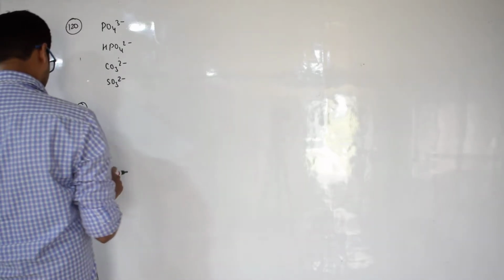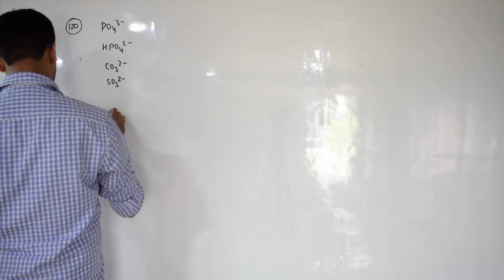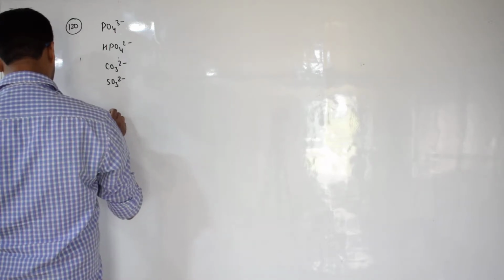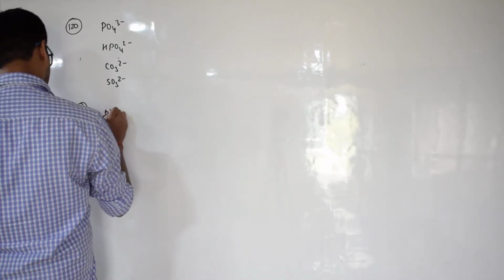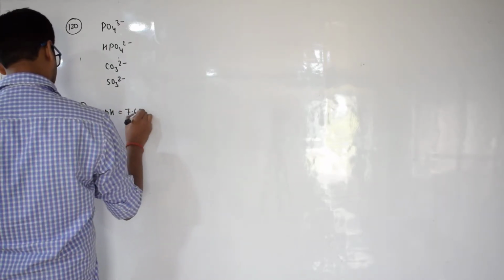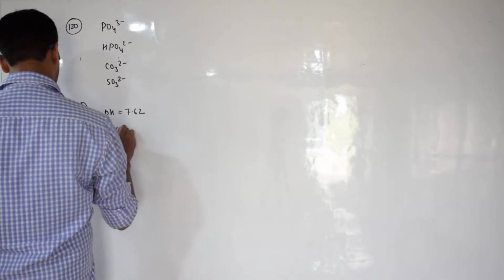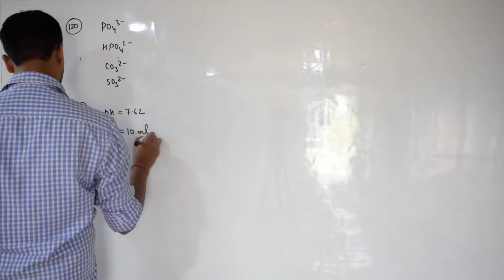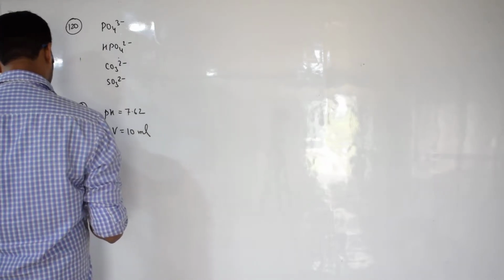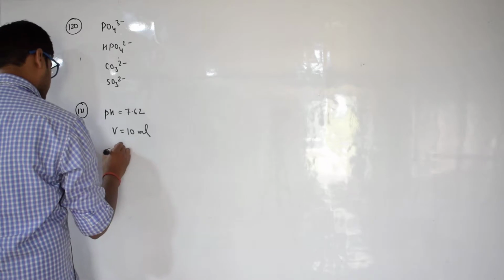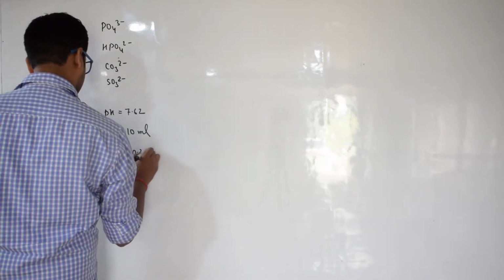Equilibrium constant 42 is given and we have to calculate. pH is given as 7.62, volume is given as 10 ml, and concentration is given as 0.2 molar.